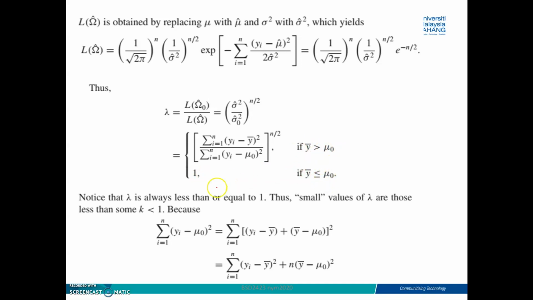Notice that lambda is always less than or equal to 1. Actually, the lambda value is greater than 0 and less than 1. So the small values of lambda are those less than some k, less than 1, because of this issue.